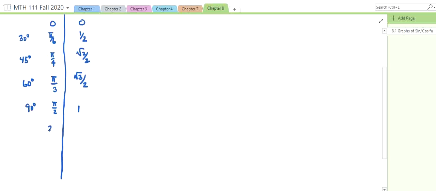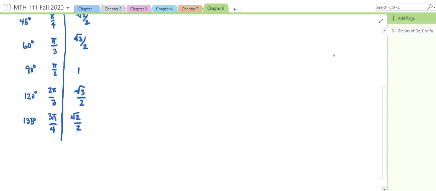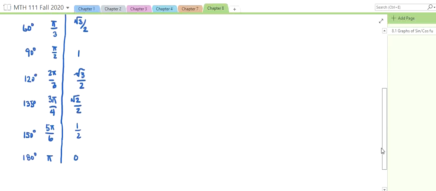So 2 pi over 3, this is square root of 3 over 2. 3 pi over 4 is 135 degrees. 2 pi over 3 is 120 degrees. 3 pi over 4 is square root of 2 over 2. So here I've done all these. I'm back to 0 again.